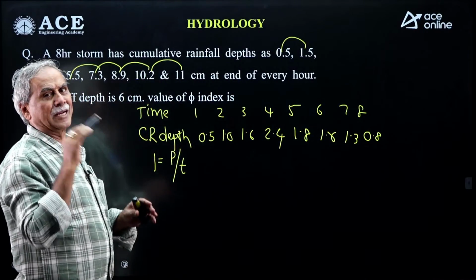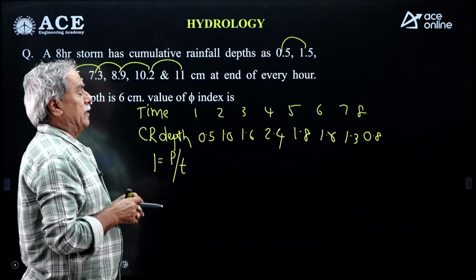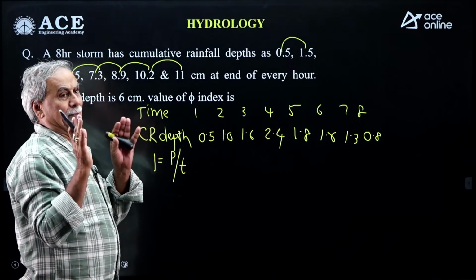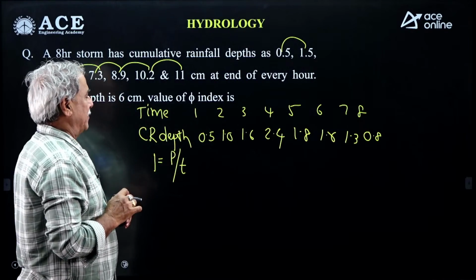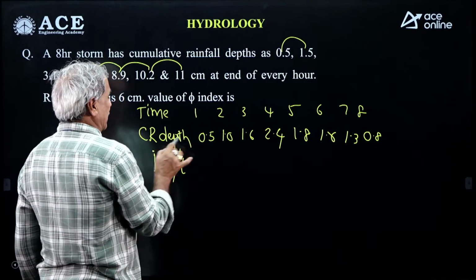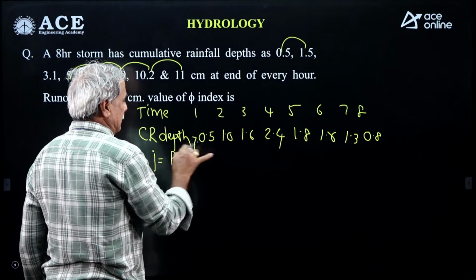I have taken the subtraction of the cumulative rainfall depths so that I will be able to get the depths of rainfall received in every 1 hour, first hour to 8th hour. These are the values of I I am taking directly.